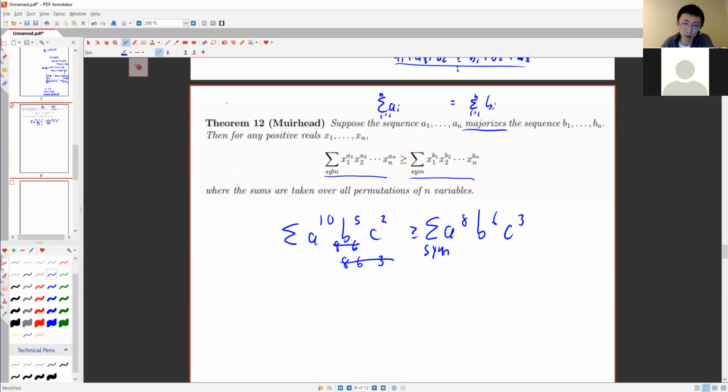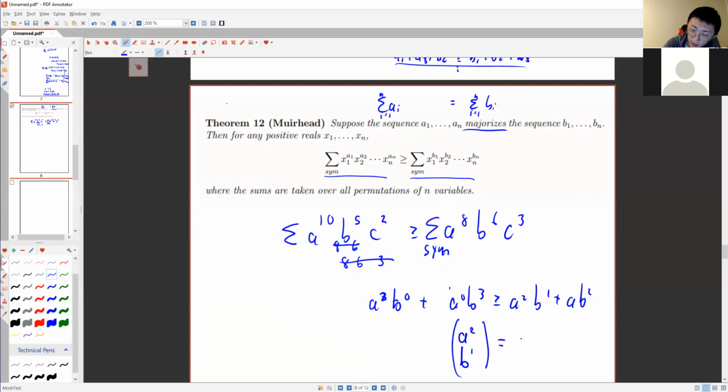Maybe another way you can express it is, let's say we have a cubed b to the 0 plus a to the 0 b cubed is greater than or equal to this one, like we saw before. Another way to write it is that the smaller one is basically some doubly stochastic matrix.